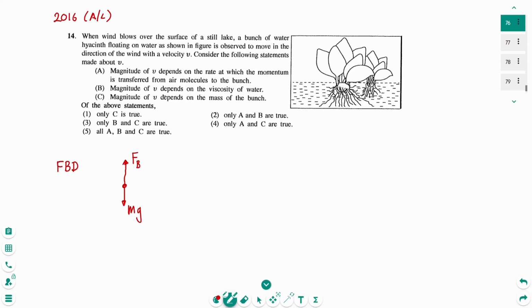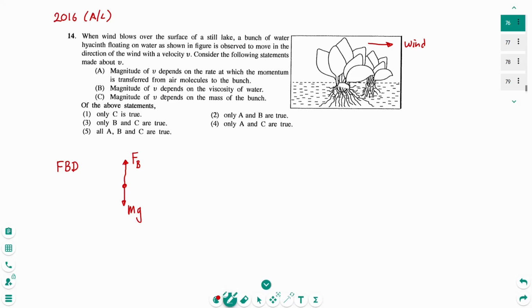And let's say that the wind is blowing from left to right. So I'll show the direction of wind over there. Because the leaves of this water hyacinth bunch are very large, air molecules are going to collide with these leaves. As a result, there's going to be momentum transfer.